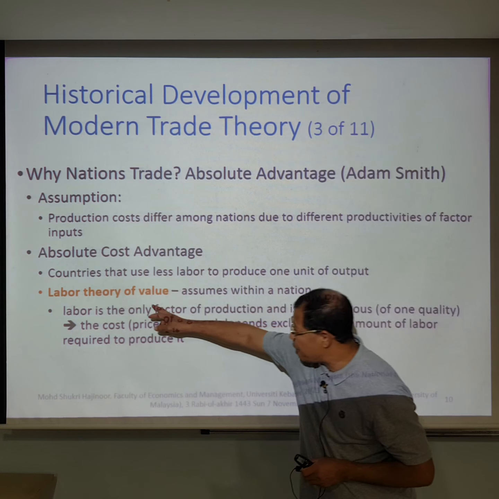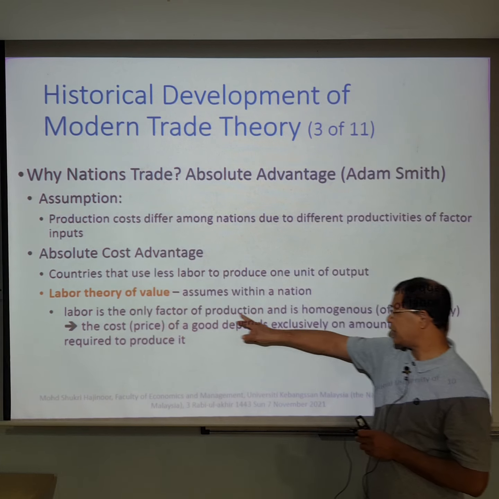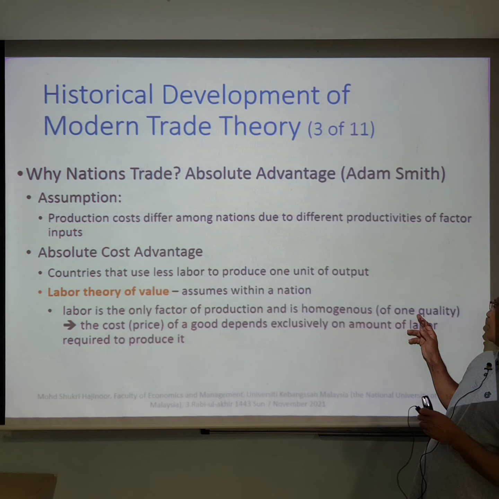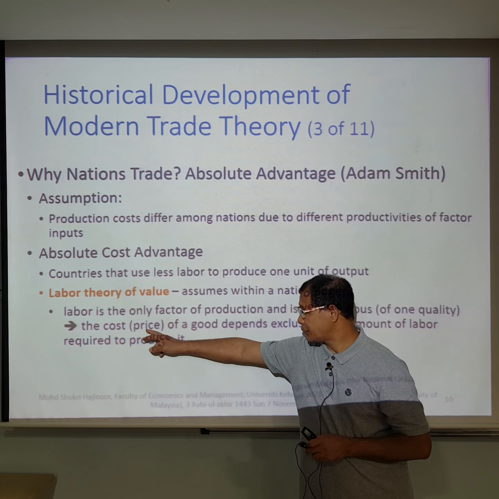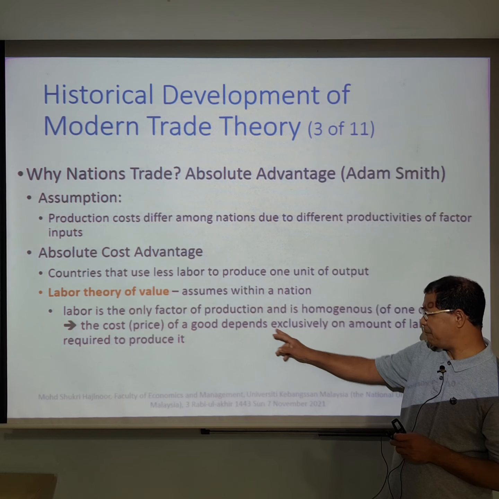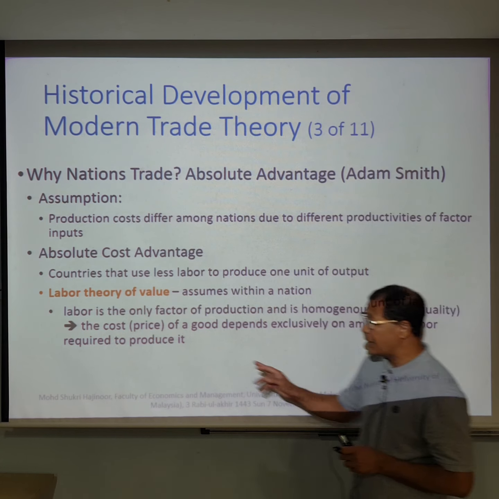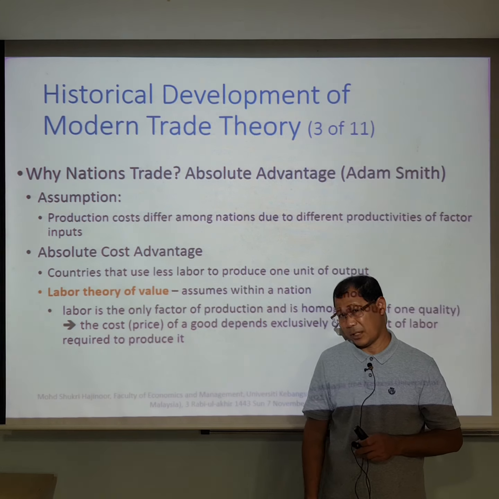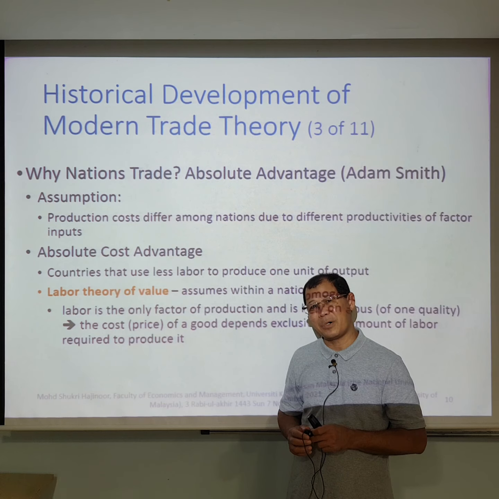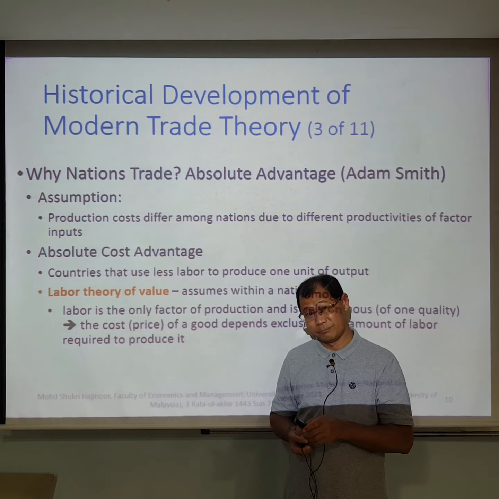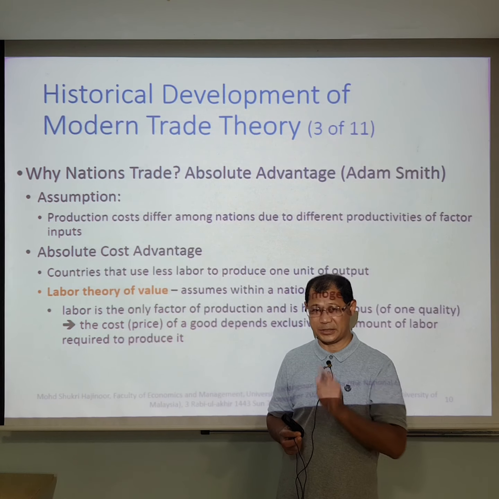So there's the labor theory of value, which assumes within a nation, labor is the only factor and is homogeneous of one quality, and as a result, the cost of goods depends exclusively on the amount of labor required to produce that product. So the less labor required to produce that product, that country has absolute advantage in that product.